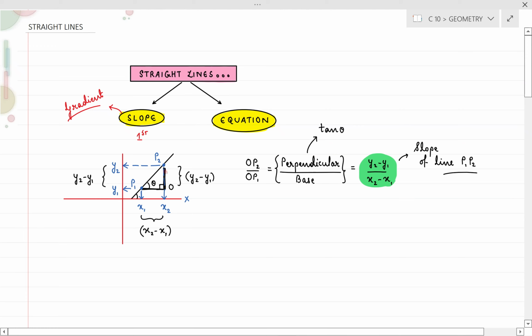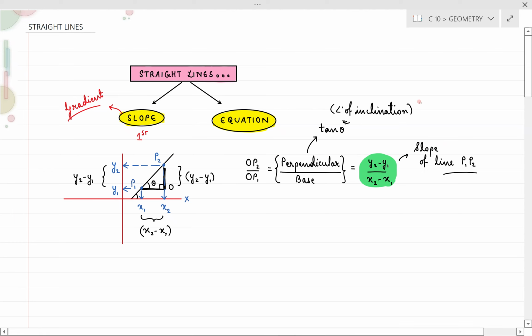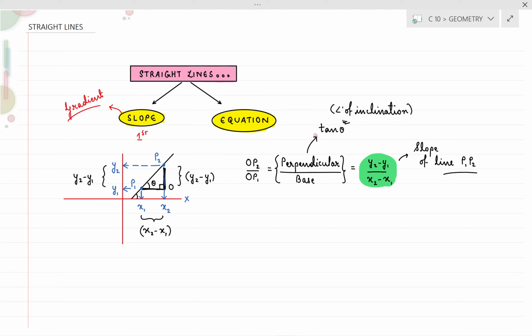So we also consider that slope of a line can also be calculated by using this trigonometrical identity, that is tan theta. This is only possible if the value of theta is known to you. This theta is actually the angle of inclination, the angle of line inclined to the x-axis. If it is known to you, you can directly use tan theta.